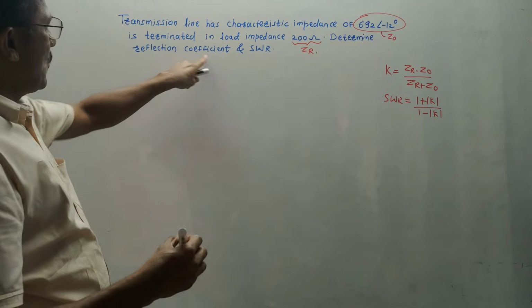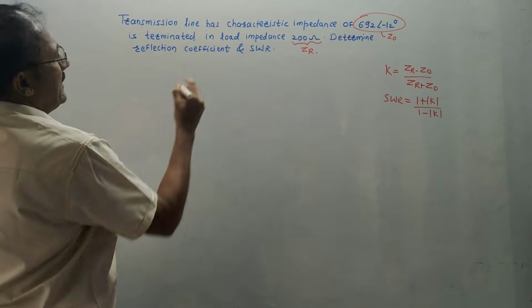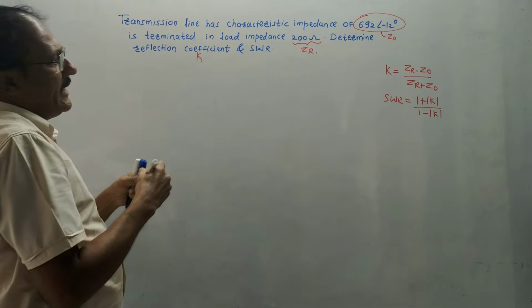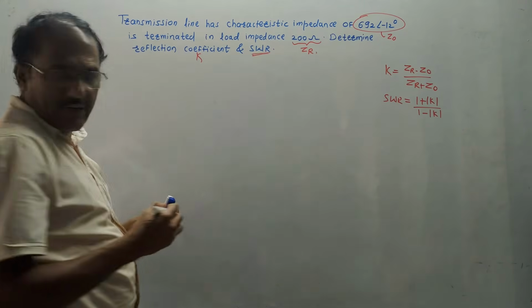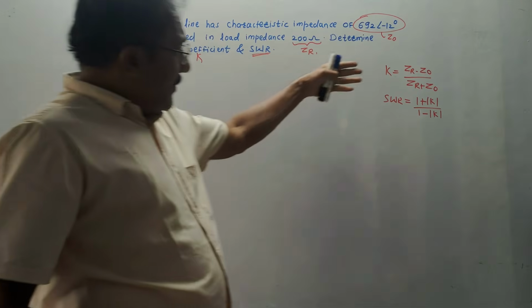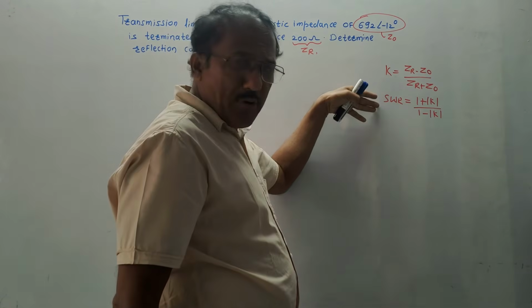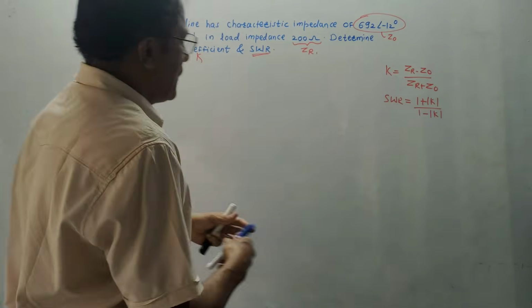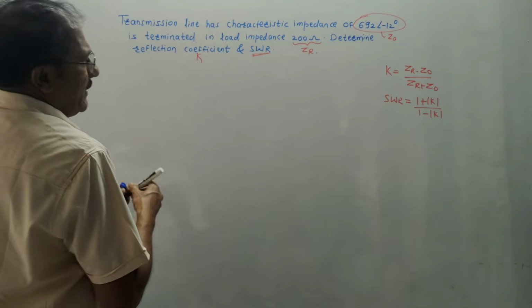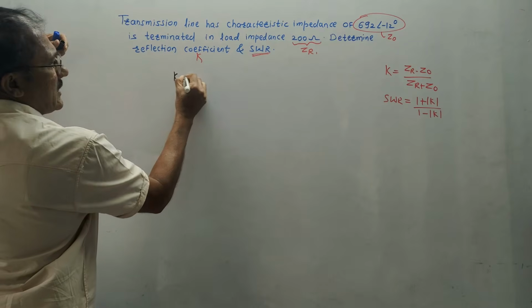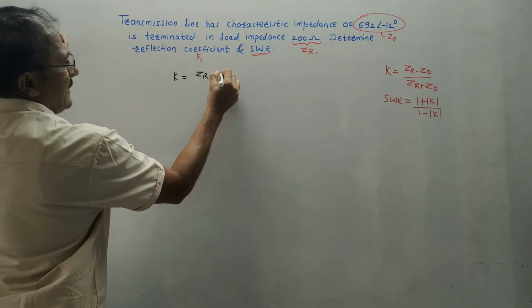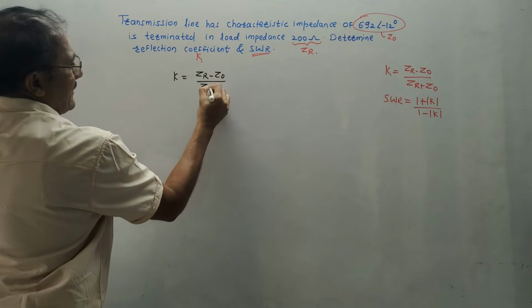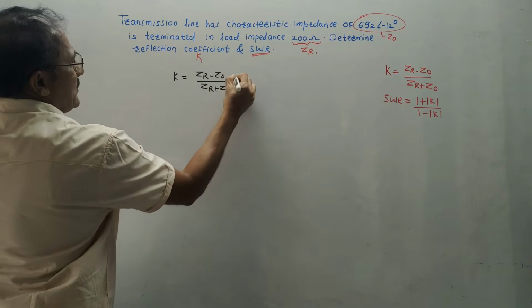Determine the reflection coefficient, that is, you need to determine the value of K, and the SWR, standing wave ratio. We have to just make use of these two simple formulae. First, to calculate the value of reflection coefficient, I will be making use of the first formula. So K is equal to ZR minus Z0 upon ZR plus Z0.